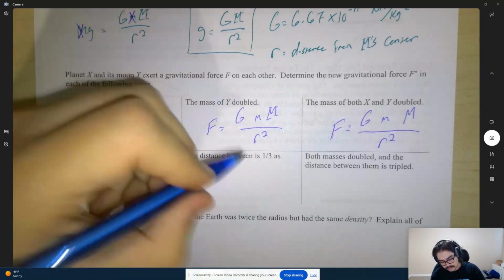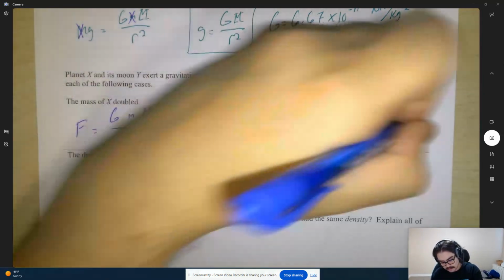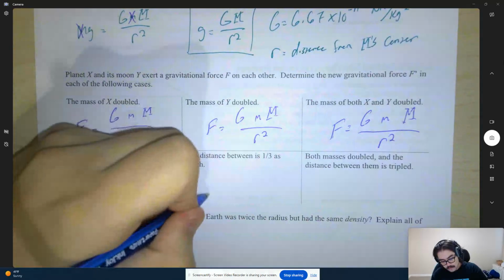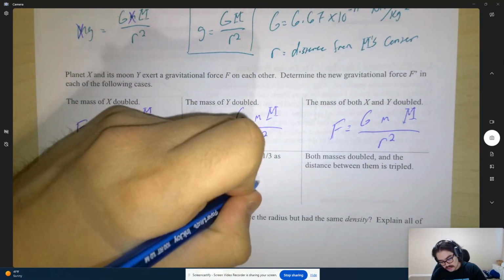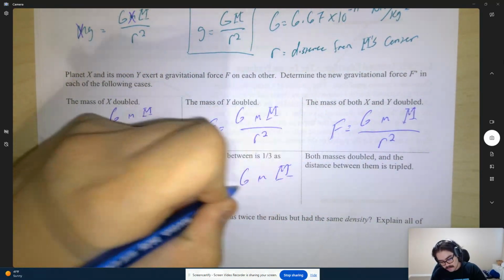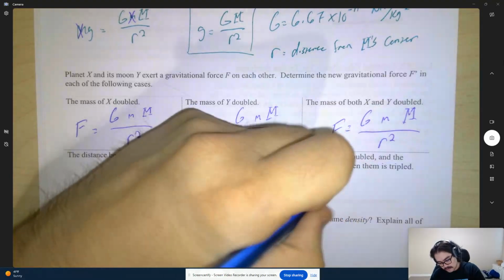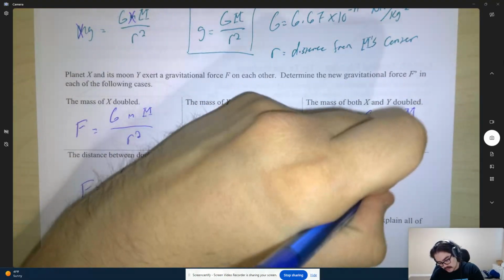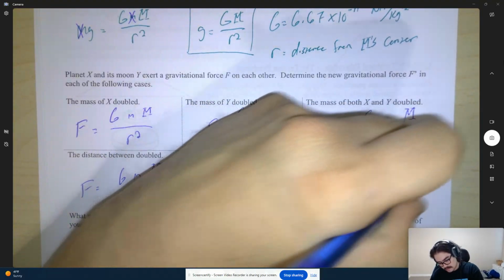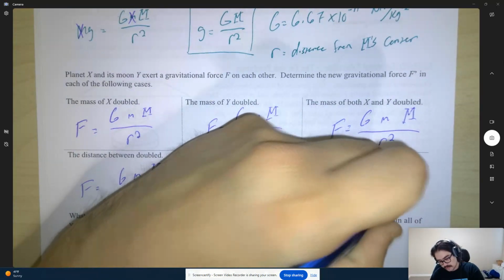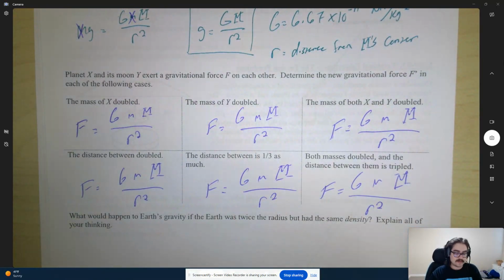I know this is really fun, isn't it? Let me make sure you can tell my m's are capital here. F equals big G little m big M over r squared. I got really sloppy there at the end, but that's okay.